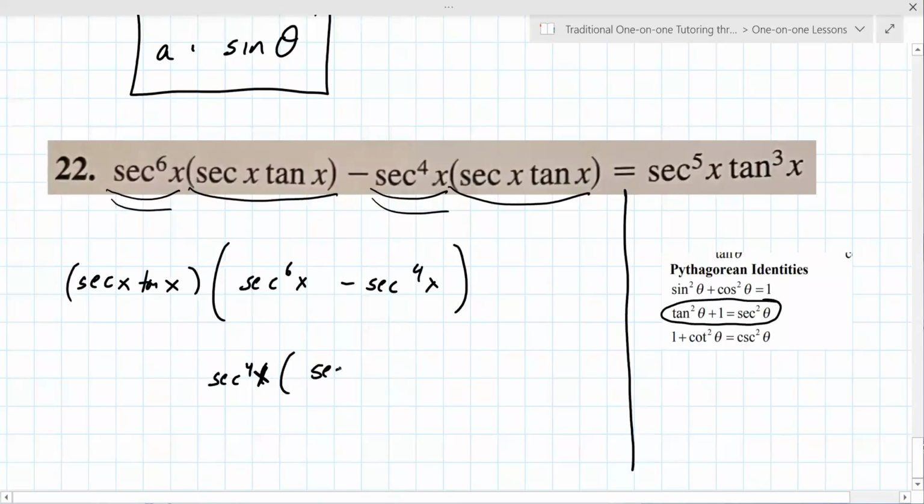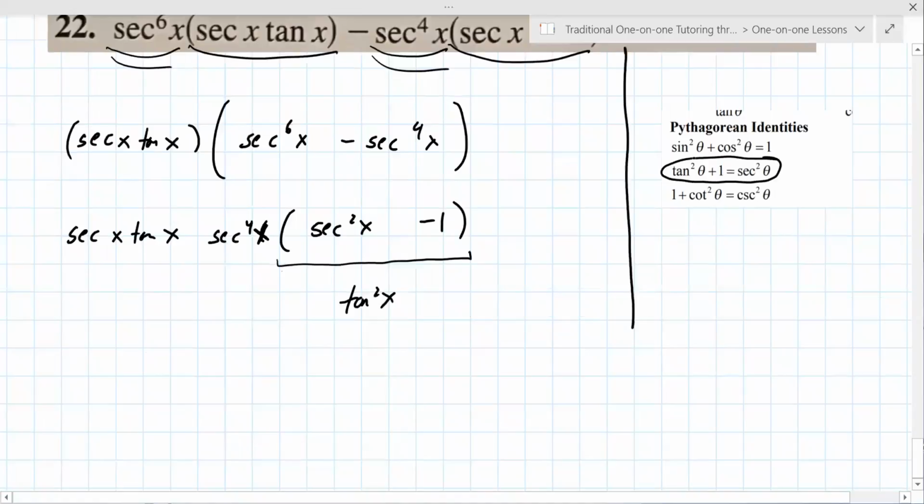So it becomes secant squared x minus 1. Hey, that's good. That's over here. And then you've got the secant x tangent x over here. So this part becomes tangent squared x by the identity.